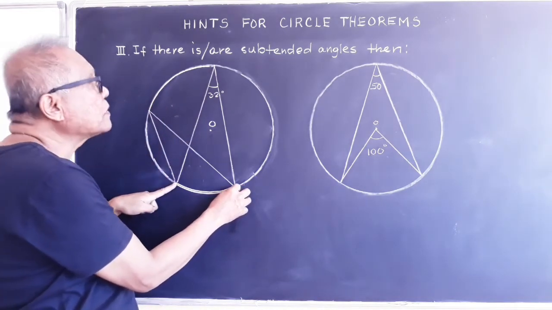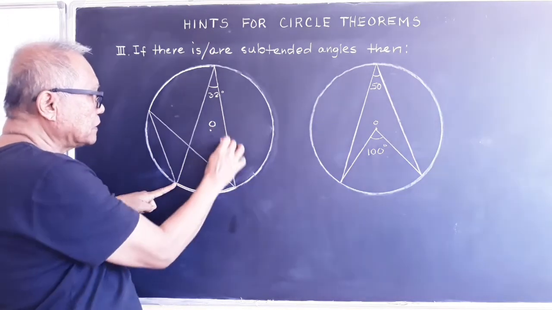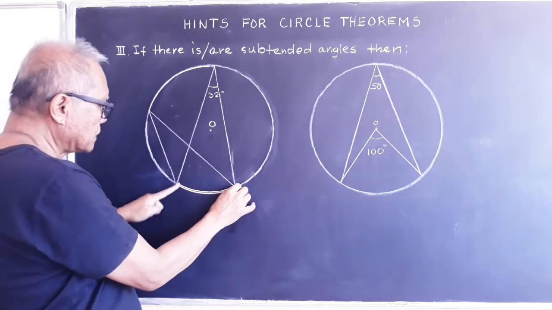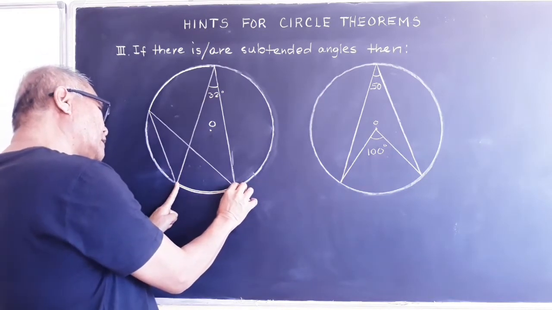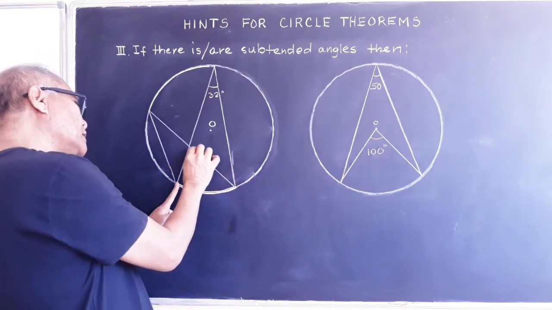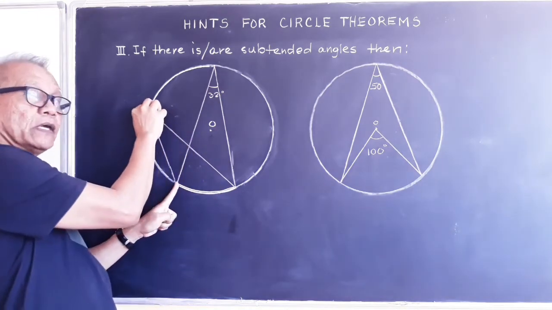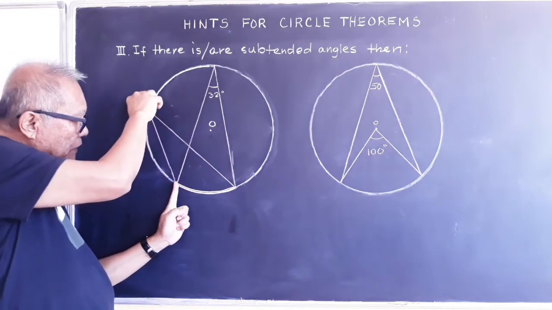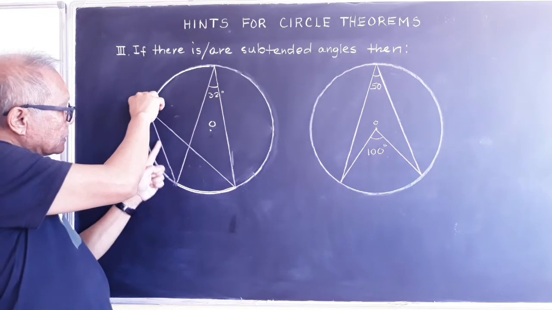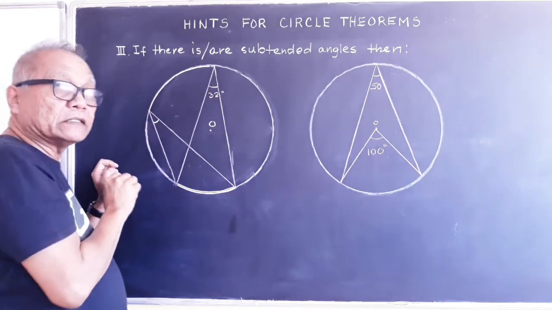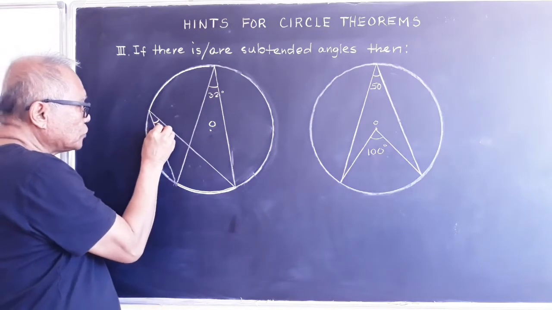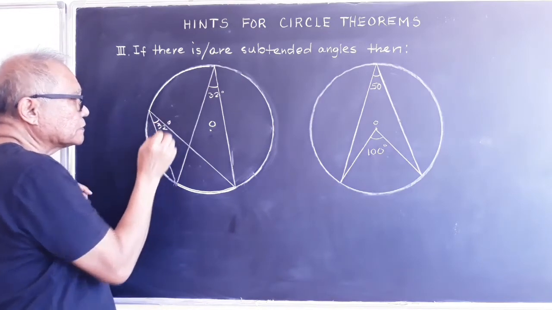Now don't return back to your angle. Don't return like this or this. Trace another line. So my right finger will trace this one here and stop here. My second finger will trace this line here. Therefore, this one is the 32 degrees.